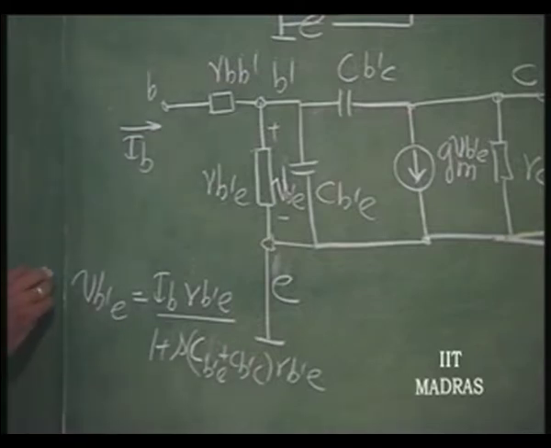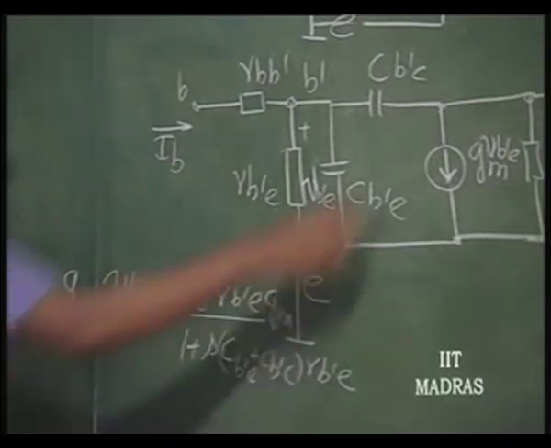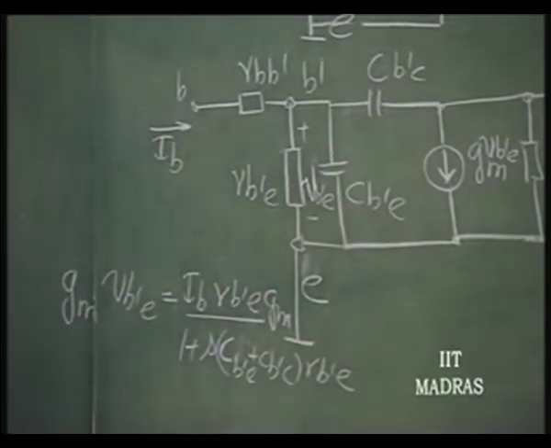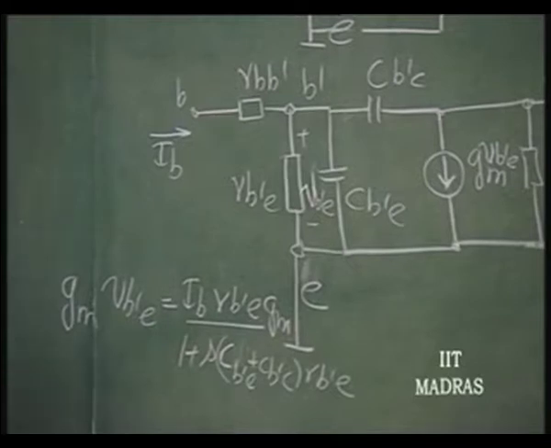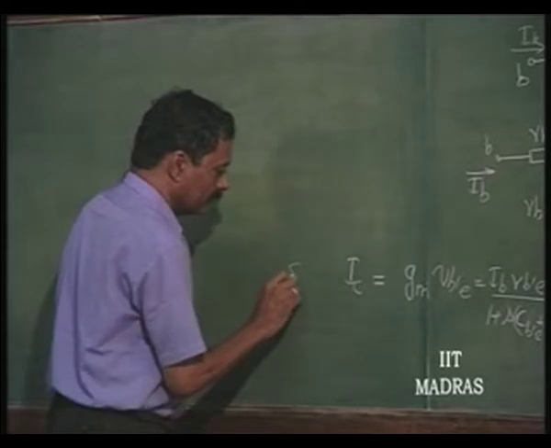That into gm is the current in this, and that is the short circuit current IC.